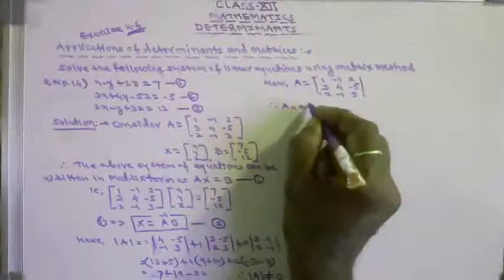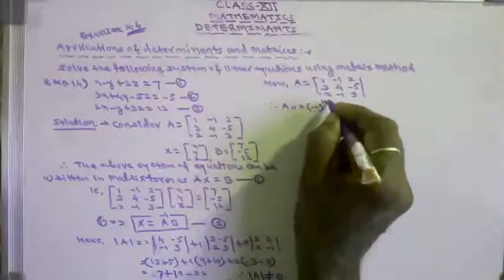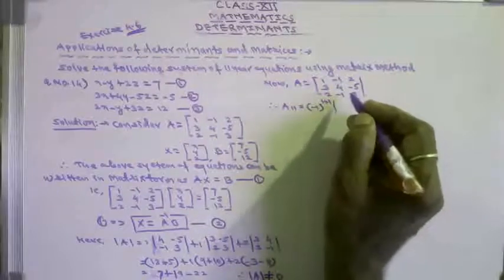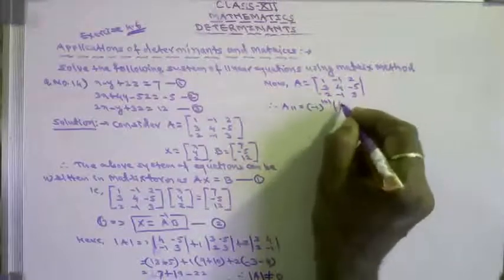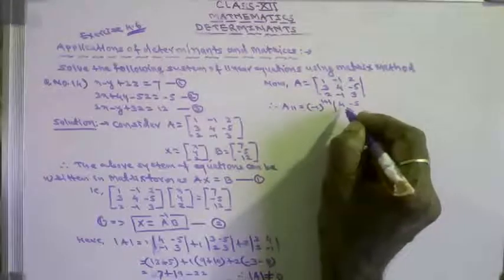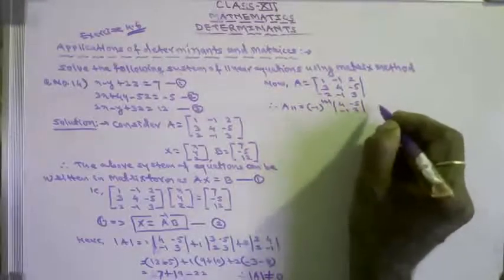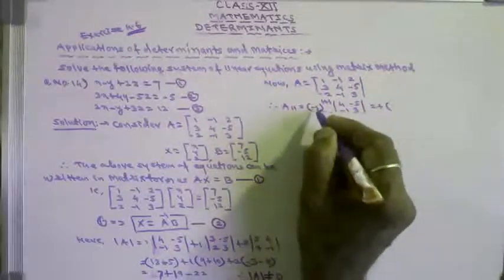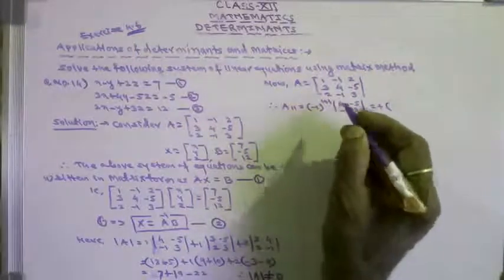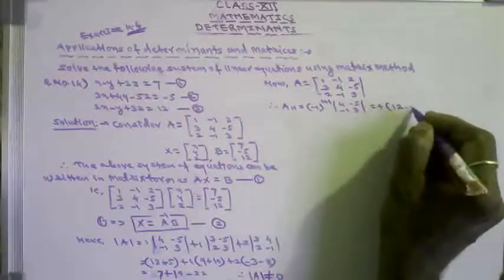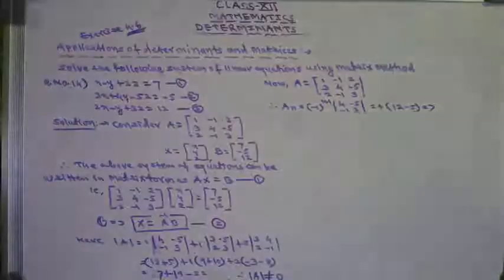A11 is minus 1 raised to the power 1 plus 1 into the determinant 4 minus 5, minus 1 and 3. So that is plus, this will be 12 minus 5, that is 7.